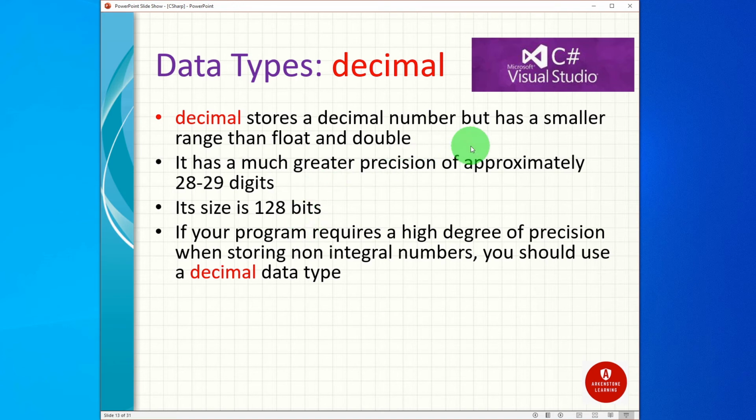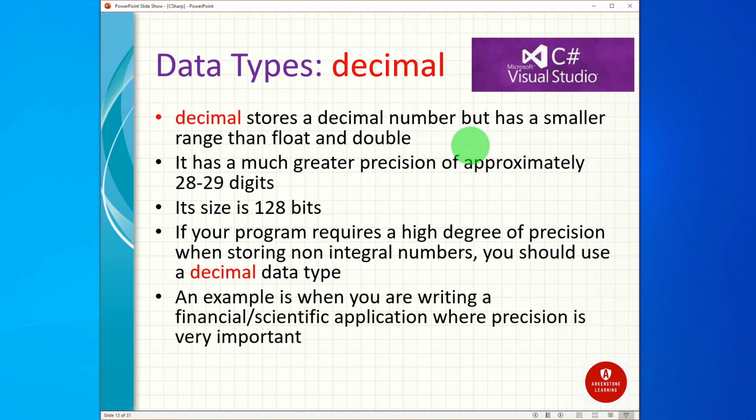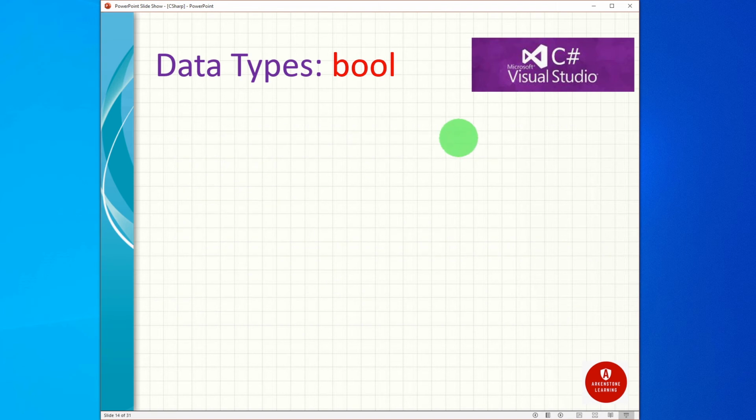So if your program requires a high degree of precision when storing non-integral numbers, you should use a decimal data type. An example is when you are writing a financial or scientific application where precision is very important, then you should use decimal data types.